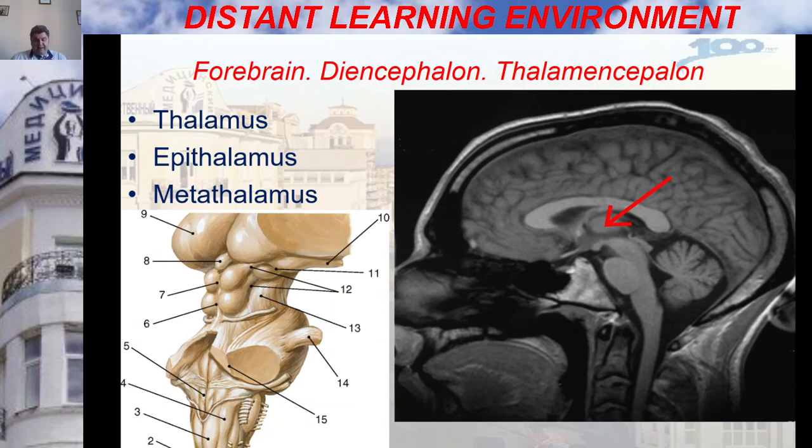Dorsally, the pineal body is suspended on the habenulae, while ventrally it is joined with the medullary lamina, which, carrying posteriorly, is continuous with the tectal lamina. The curving of the lamina forms the posterior commissure, commissura posterior.